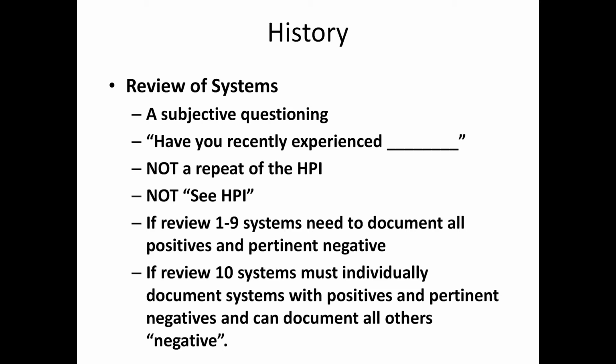An example of a system review, if you look at constitutional, is: have you experienced any recent nausea, vomiting, fever, chills, weakness, or fatigue? And if they say no, no, no, no, no, and you document patient denies any recent nausea, vomiting, fever, chills, weakness, fatigue, you have performed one review of system.